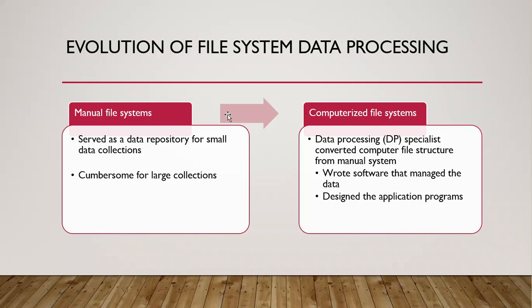So it has been upgraded to a computerized file system. Data processing specialists converted the file structure from the manual system to a computer one. So kalau di kebanyakan organisasi sekarang ni dia dah beralih arah daripada manual file system, dia dah jadi paperless kepada computerized file system.